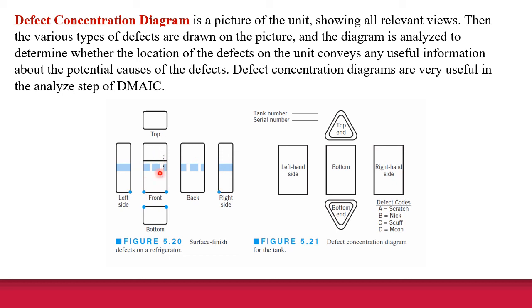You have the front of the refrigerator, the top, the left side, the right side, back side, bottom of the refrigerator, and then you list your defects on the actual diagrams. If you've got paint problems, you can indicate where they occurred. These are very useful if you have a location problem, where the defects are only occurring in certain places.